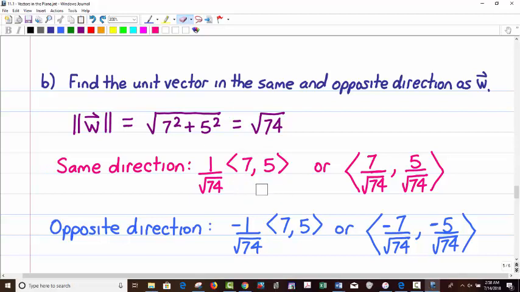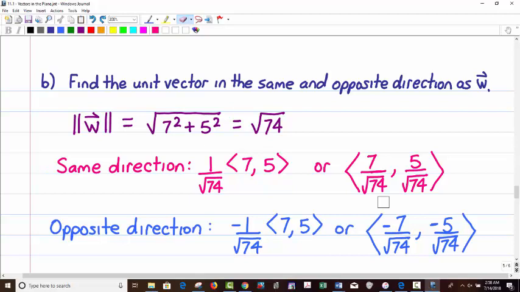Now here's another thing too. Technically, this first answer I have is correct mathematically, but I went ahead and distributed it anyway. But that is correct, like that. It's whatever the instructor wants us to do. But there it is distributed. It'd be 7 over root 74, comma, 5 root 74.